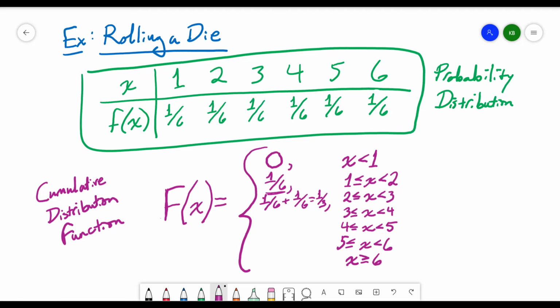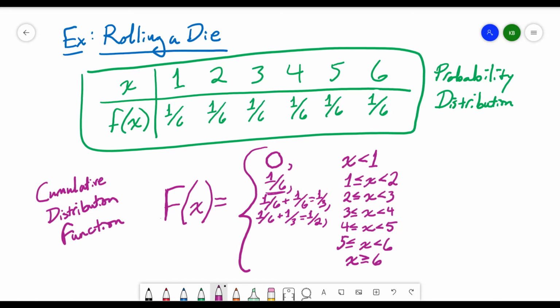And now I move on to the next window, and again, the probability that I'm in the window of 3 to 4 with 3 included and 4 not is 1/6. But since I'm dealing in a cumulative probability function, I'm going to add the value above. So I'll add the 1/3, and I'll have a total cumulative probability of 1/2 when my random variable is between 3 and 4.